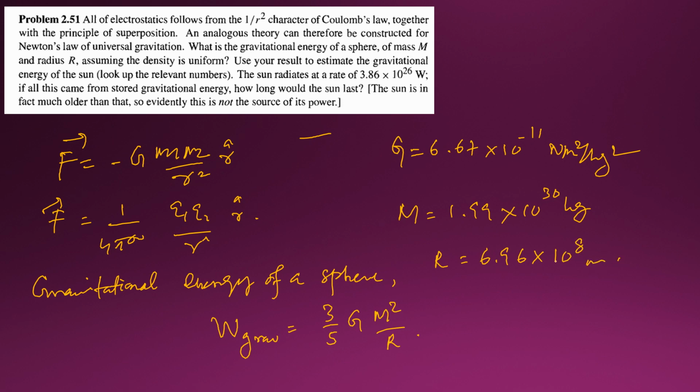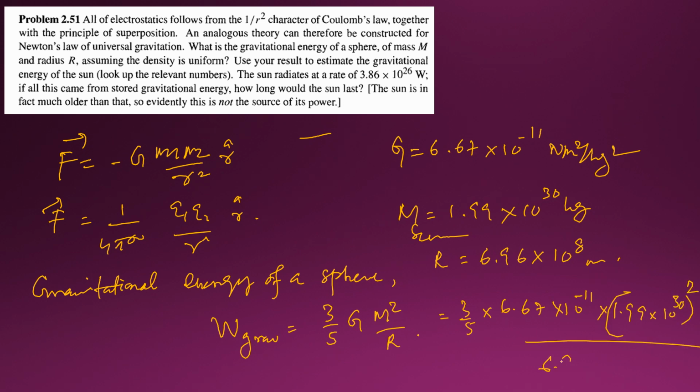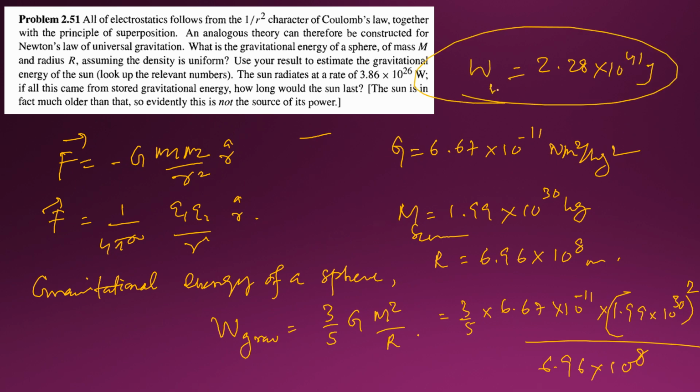Sun's gravitational energy, if we put all the values, 3 by 5 into 6.67 10 to the power minus 11 into mass of sun 1.99 10 to the power 30 divided by r 6.96 10 to the power 8. So if we put all these values, the answer will be 2.28 10 to the power 41 joules. That is the gravitational energy of the sun.